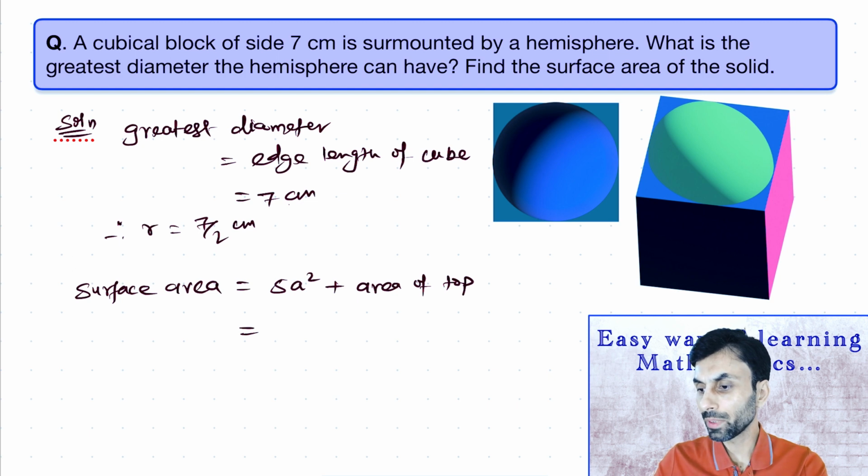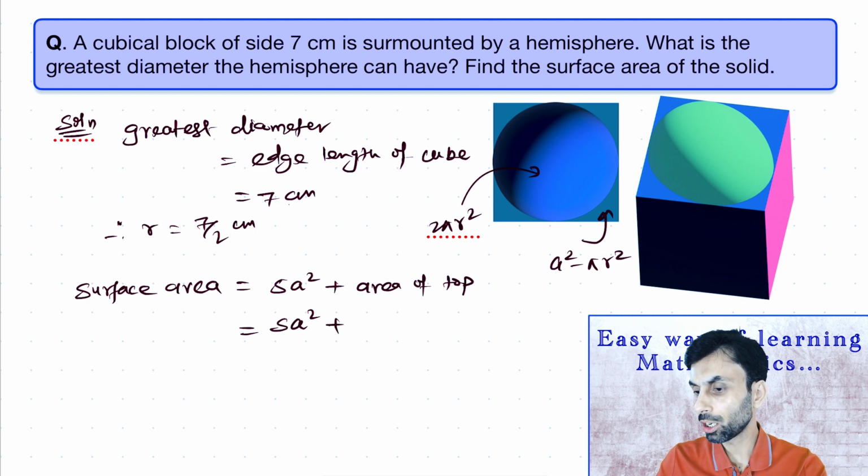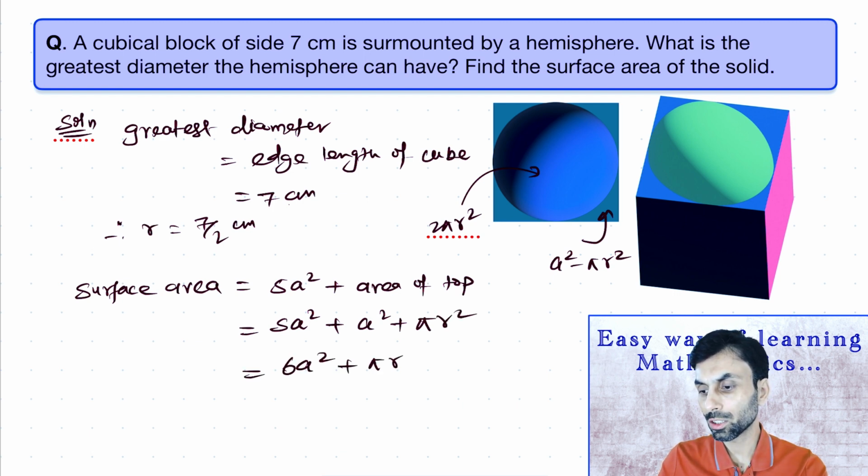Now in this case, as we know, the area of corners will be equals to a square minus pi r square, and area of this particular region, that is a hemisphere, will be equals to 2 pi r square. So it will be 5a square plus area of top will be a square plus pi r square. Now this will become 6a square plus pi r square.